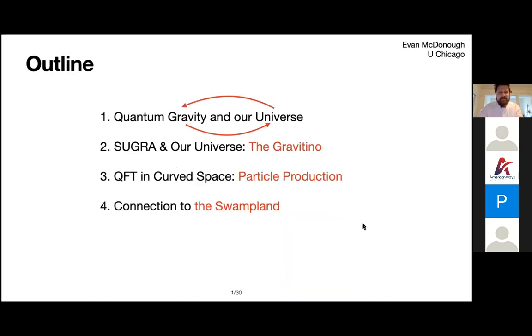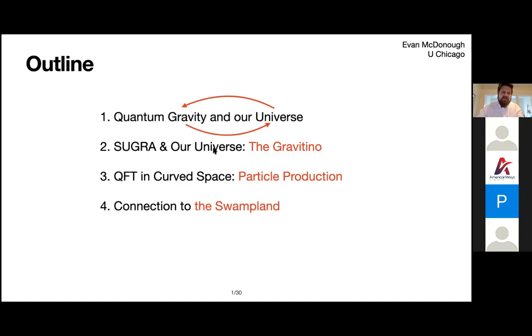This has been a ton of fun, and it relates to such a huge extent to the foundation that was built at Stanford, particularly in this broad research program, which is to understand our universe using quantum gravity and to understand quantum gravity from observations of our universe. As a baby step towards full quantum gravity, it's convenient to look at supergravity.